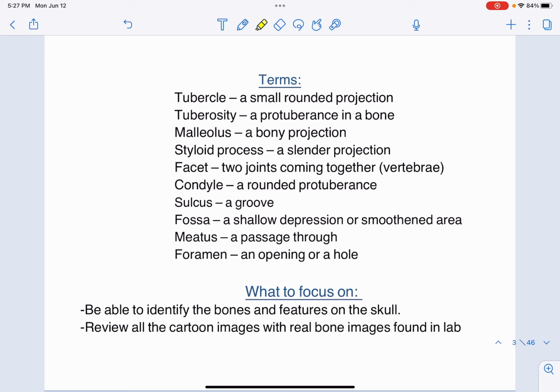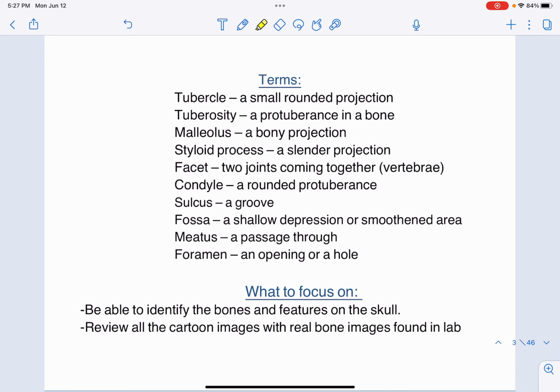They're also in your lab activities, so start working on defining these and getting used to using these terms when describing features of the skull. Throughout this whole unit, we're going to use these kinds of terms.